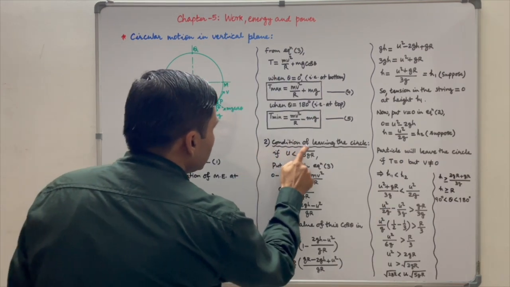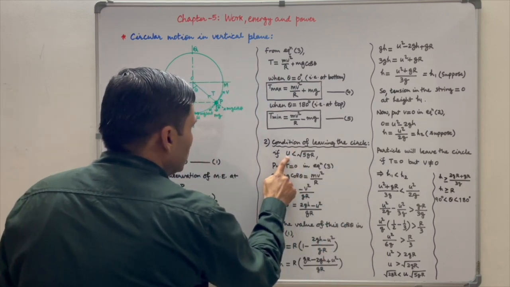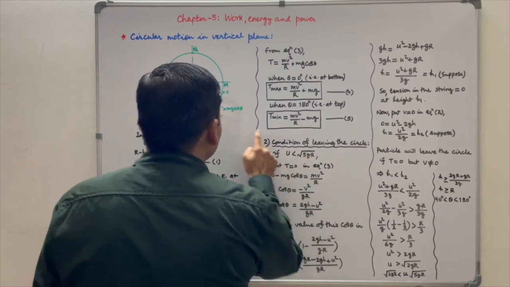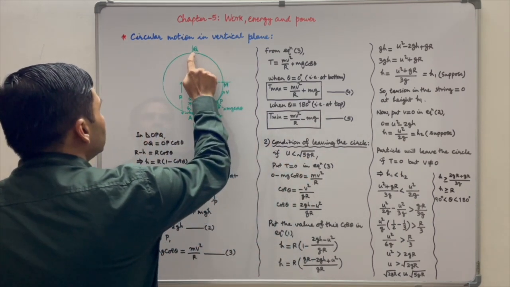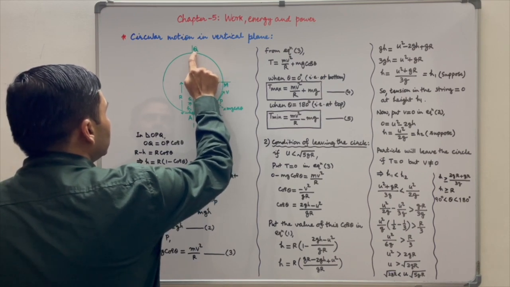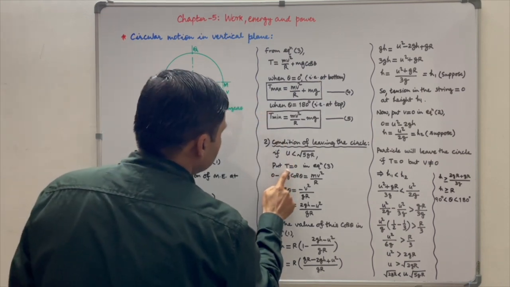Second condition is condition of leaving the circle. If the initial velocity given to the particle is less than under root 5gr, the particle will not be able to complete the circle. The string will slack even before the particle reaches the topmost point. That means tension in the string will be 0.